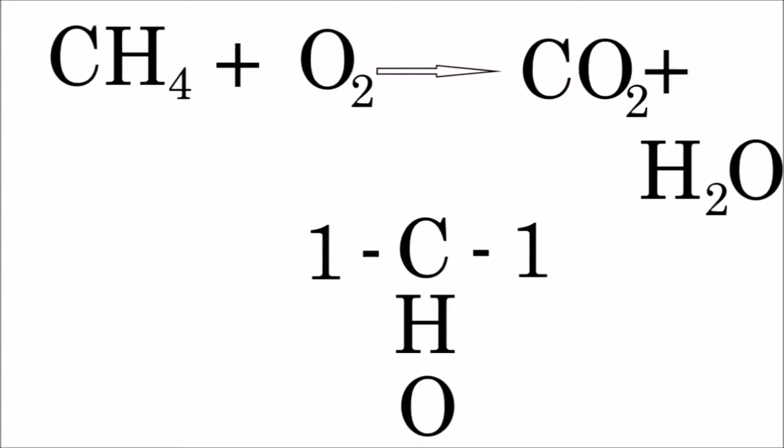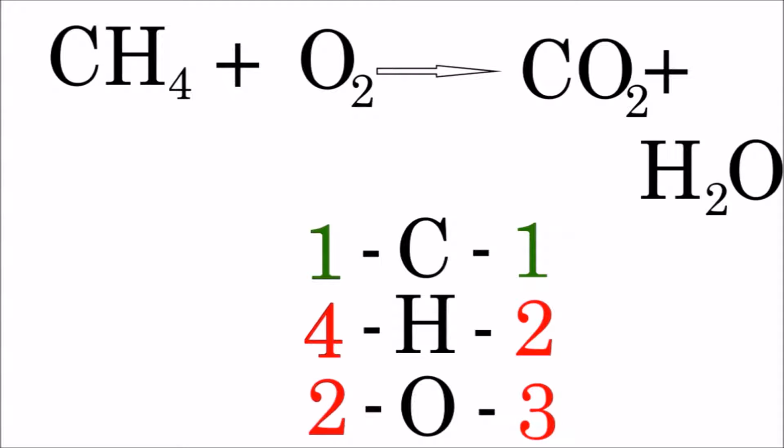On the left, we have 4 hydrogen, but on the right, we only have 2. Then oxygen-wise, we have 2 on the left, and how many on the right? We have 3, because we have CO2, so there's 2 in the carbon dioxide, and 1 more in the water.